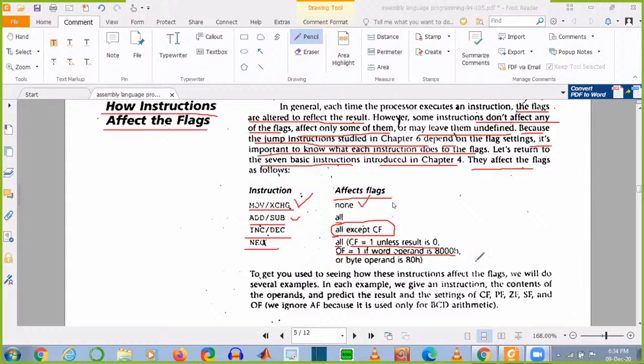So OF equals 1 if the word operand is 8000 hex or the byte operand is 80 hex. In these two cases, OF will become 1. Otherwise, the value of OF will remain 0. Is that okay? So these are the seven instructions, and you already know which instruction affects which flag and what the exceptions are.